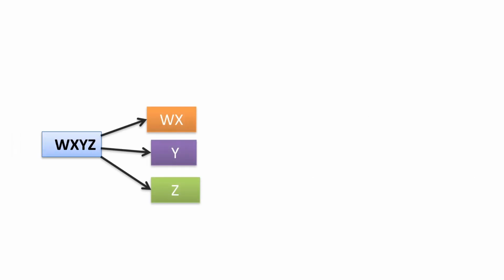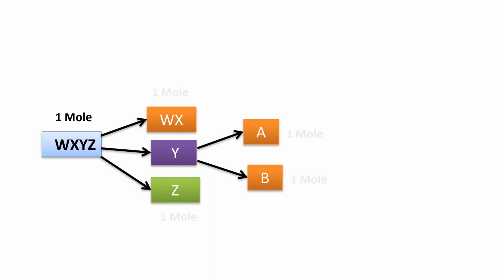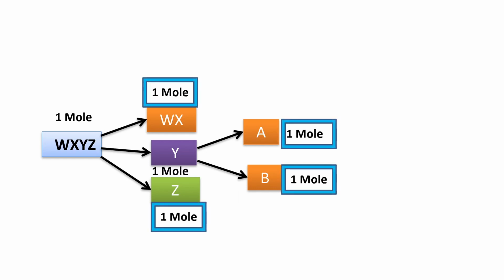In this example, we have a molecule named WXYZ, which splits initially into 3 parts, but then again, the Y part further splits into another 2 parts, A and B. Therefore, we can say that 1 mole of WXYZ is equal to 4 osmoles.